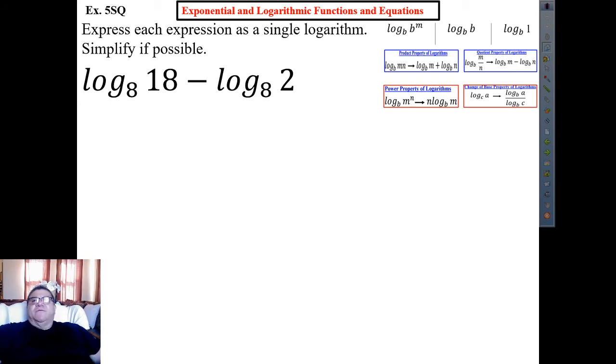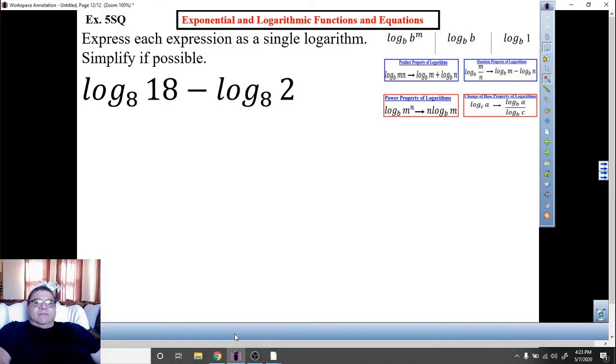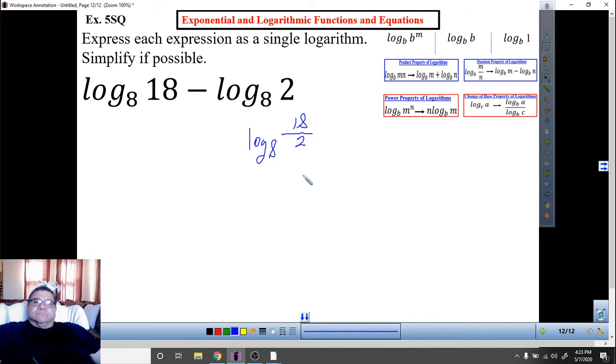I'm going to leave it there for right now. So let's focus on this. This we said is the quotient property. Okay, so we can rewrite this as log 8, because they both have the same base. And we get 18 divided by 2.